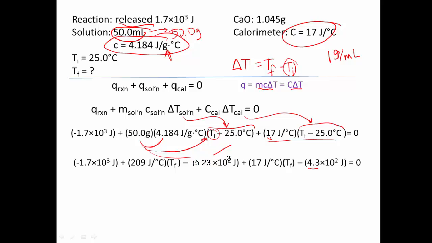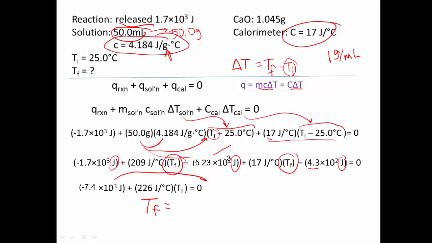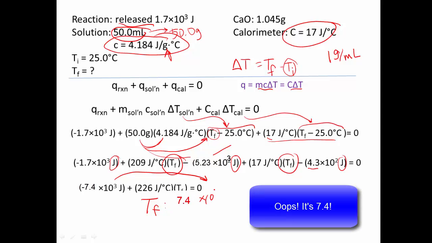Now, just like in algebra, we're going to collect terms. So everything that's a joule, we're going to add together. Everything that has the TF, we're going to add together. And we end up with this as our problem. So in order to solve for TF, we put this over on the other side, we add that. So we have our 7.5 times 10 to the third joules.